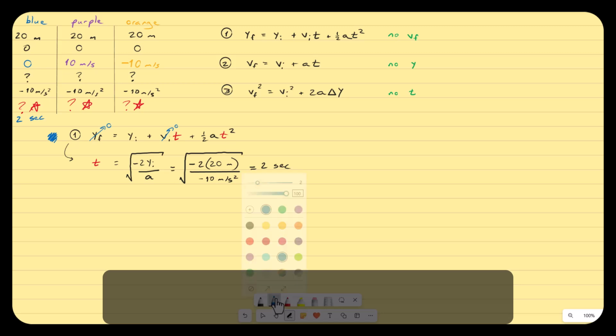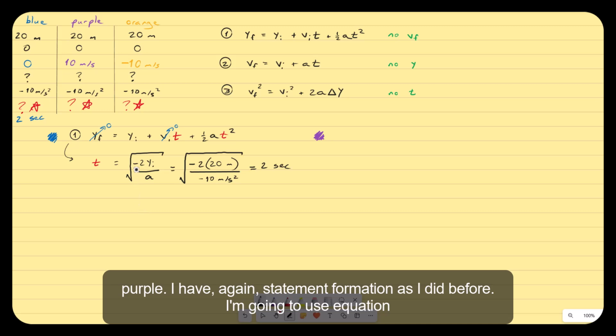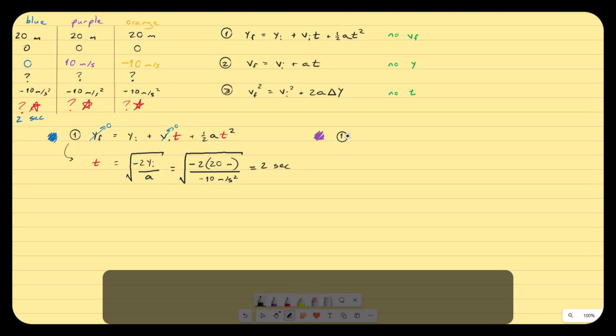Next one, purple. I have, again, the same information as I did before. I'm going to use equation 1 again.